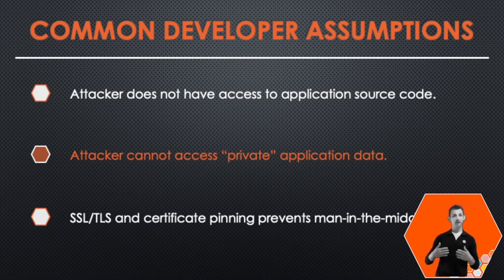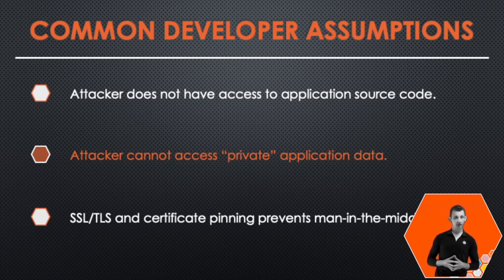So applying this very high level approach to mobile apps, especially Android mobile apps, let's take a look at some common developer assumptions that we might be able to invalidate. First, and while this seems simple, it surprises me how common this tends to be. Sometimes developers assume that the attacker does not have access to the application source code.